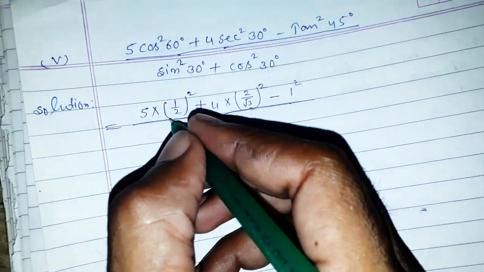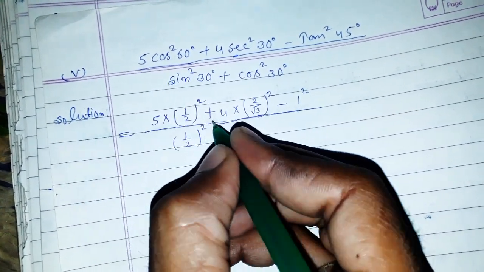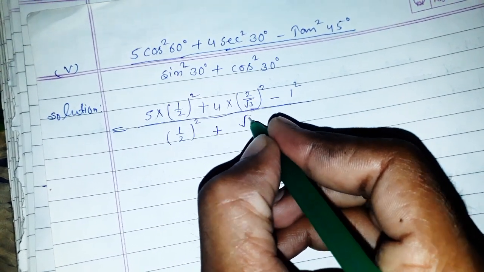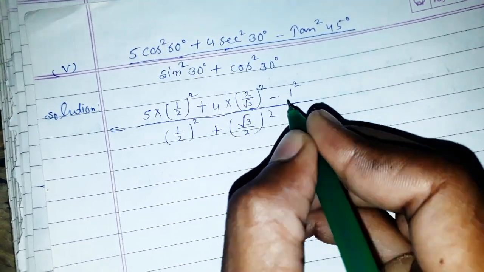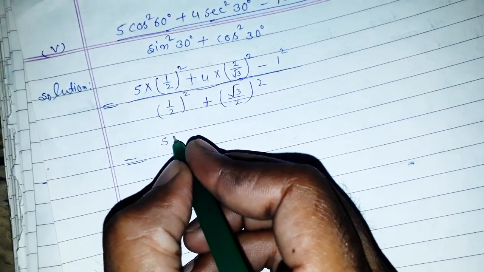Sin 30 degrees 1 upon 2, here is square, and cos 30 degrees root 3 upon 2 square.